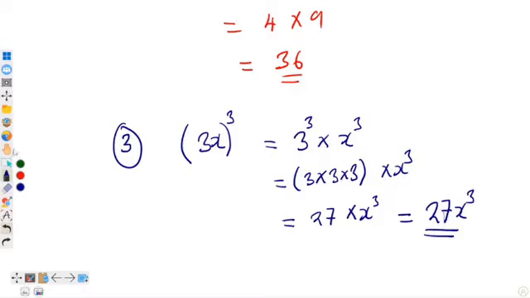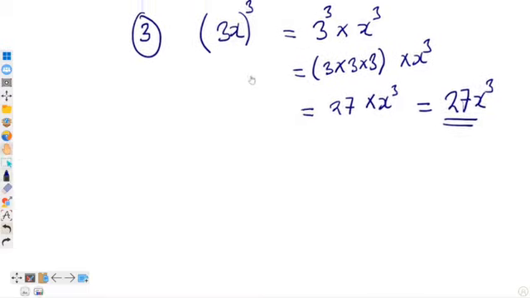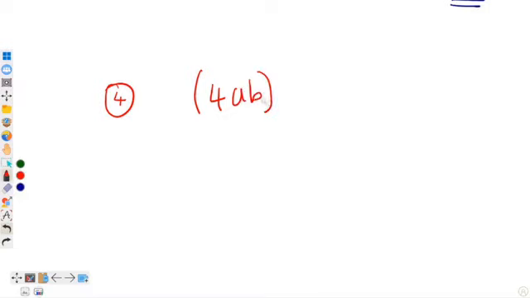So we look at the last example under this law. The last example under this law that we can look at is if you have 4ab raised to the power of 2. I've said this means the power is affecting all the bases that are inside the brackets.